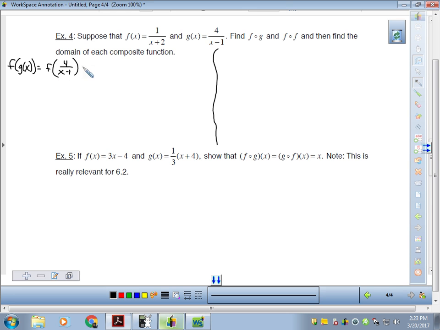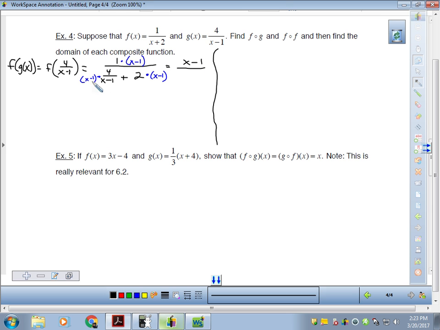So if we plug that in, we're going to have 1 over 4 over x minus 1 plus 2. Again, that gives us a nasty compound fraction, so multiply through by the denominator. So multiply this by x minus 1, multiply this by x minus 1, multiply this by x minus 1. On top, 1 times x minus 1 is x minus 1.